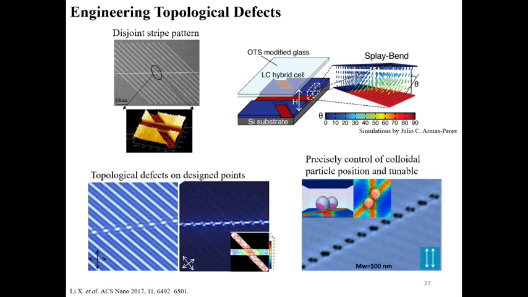Later on, when we introduce colloidal particles or nanoparticles into the system, you will see that the particles naturally go into those high-energy points and occupy those topological defect locations.